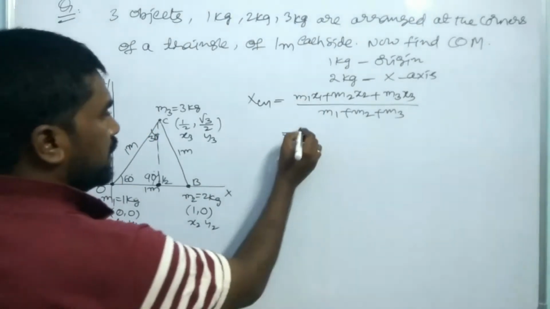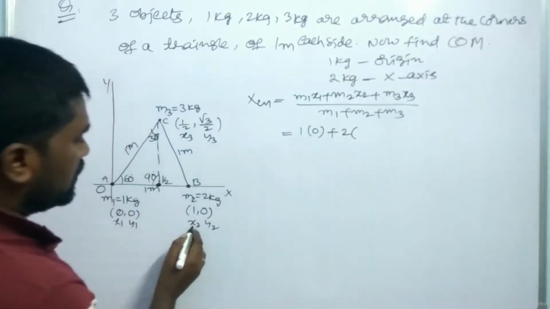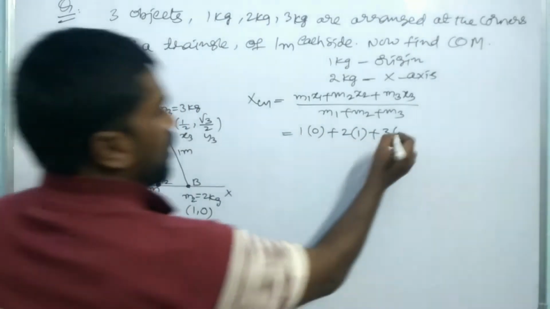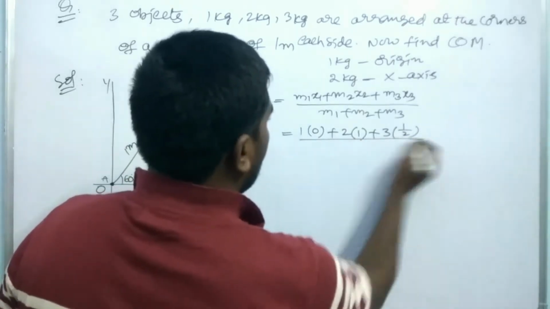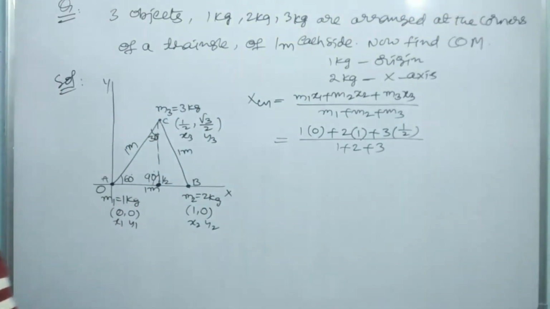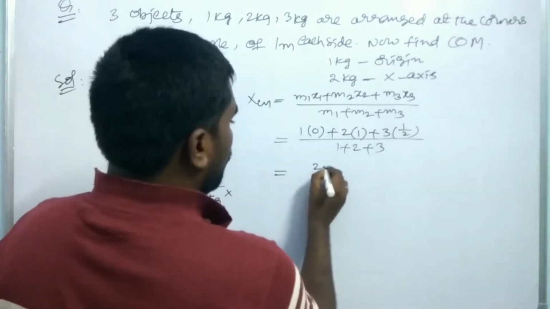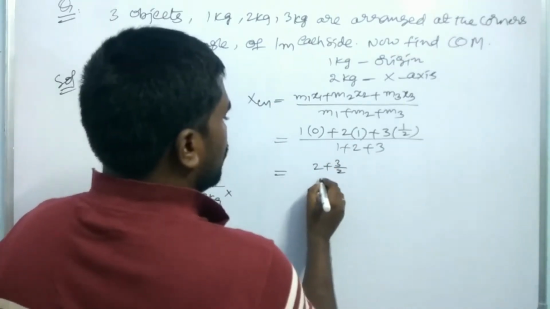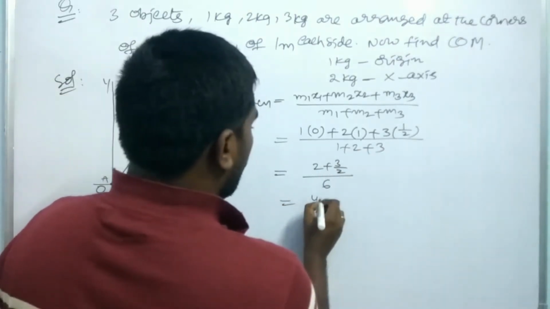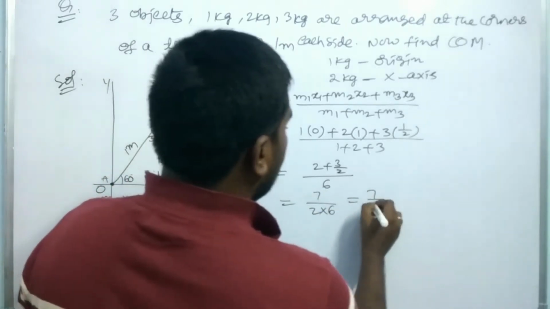Here m1 is 1 kg and x1 is 0, plus m2 is 2 kg with x2 equal to 1, plus m3 is 3 kg with x3 equal to 1 by 2, and the total mass is 1 plus 2 plus 3, which is 6. Substituting, we get 0 plus 2 plus 3 by 2, divided by 6. That is 4 plus 3, which is 7 by 2, and 7 by 2 into 6 gives 7 by 12.